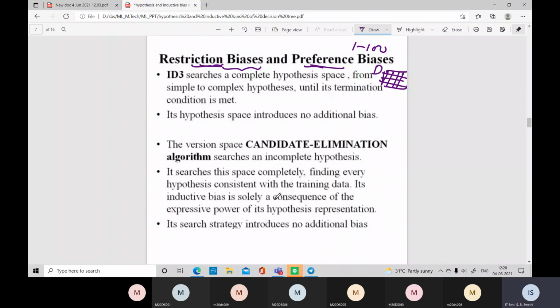A restriction bias is where you select only a few instances for the selection of particular nodes. It can be a root node, intermediate node, or leaf node. You are giving some restriction so as to allow only these instances for the selection of the next node. That is restriction bias. Then what is preference bias?